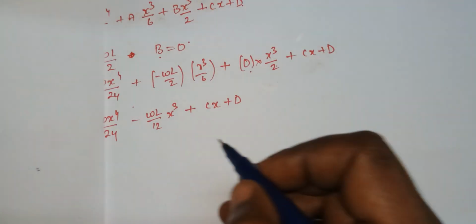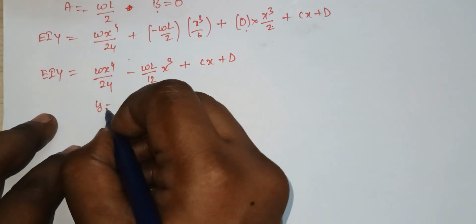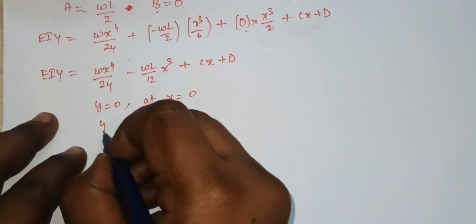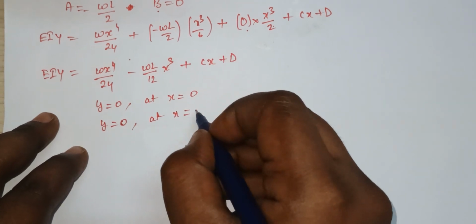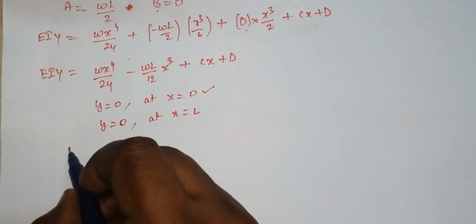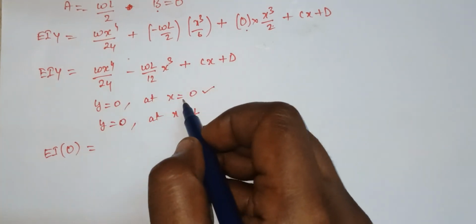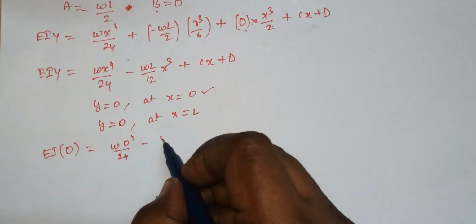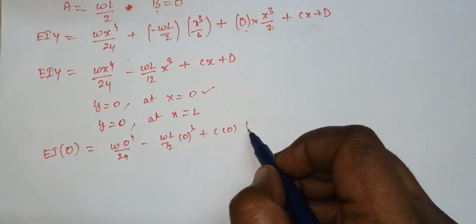So we'll write these conditions over here. y is equal to 0 at x is equal to 0, y is equal to 0 at x is equal to L. Substituting the first boundary condition gives us E into I into 0, at x is equal to 0, w 0 power 4 by 24 minus wL by 12 into 0 cube plus c into 0 plus d.